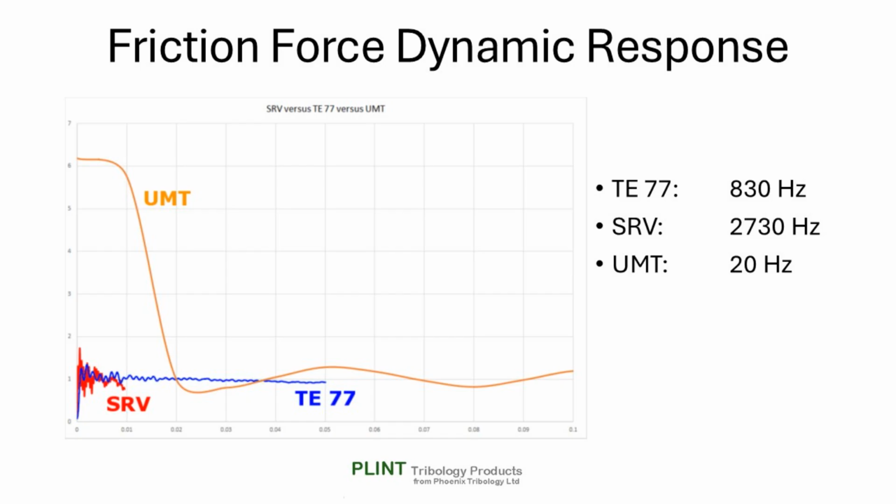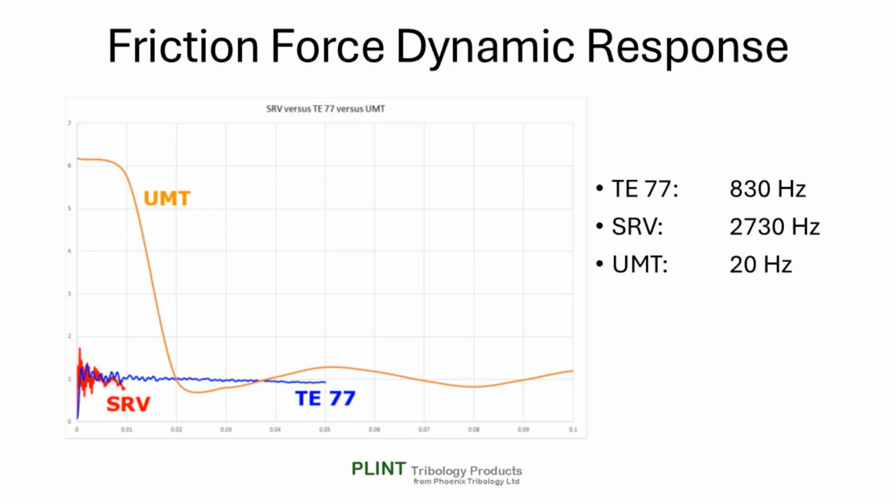Here are comparative results for a T77, an SRV3 and a UMT, showing the response and resonant frequencies of the three different measuring systems. The UMT has a much lower resonant frequency than either the T77 or the SRV.